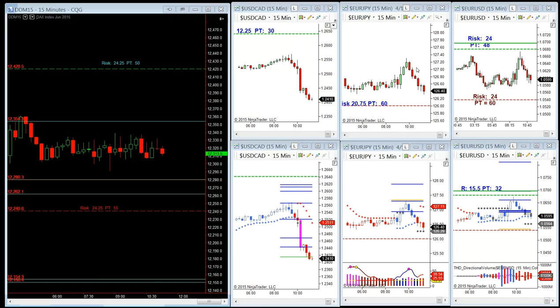Okay, I got 18.50 on the USD Canadian over here. The demo of it got filled at 40. I don't know what my profit target was offhand because I've done too many trades. It was probably around 40.